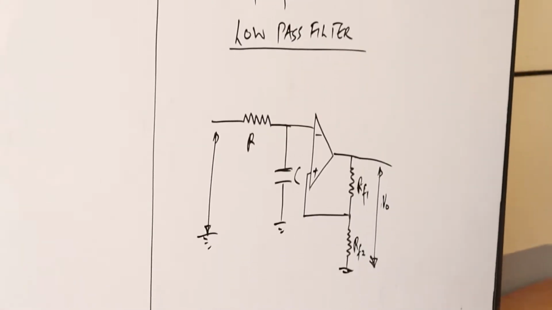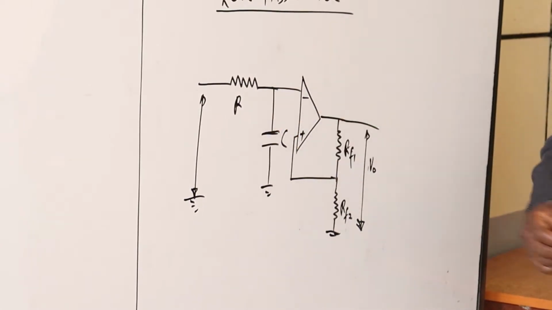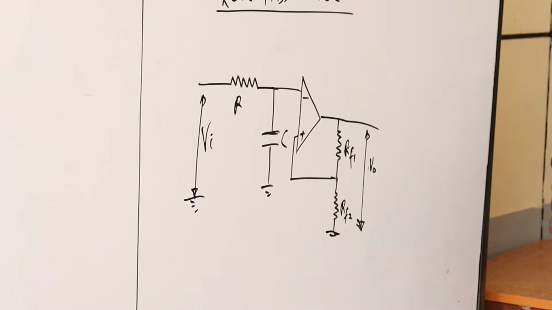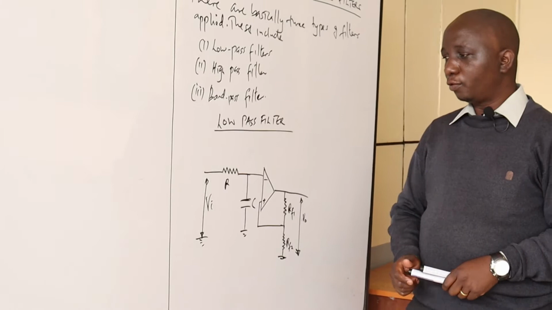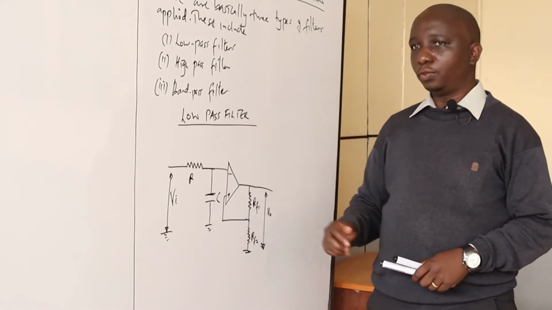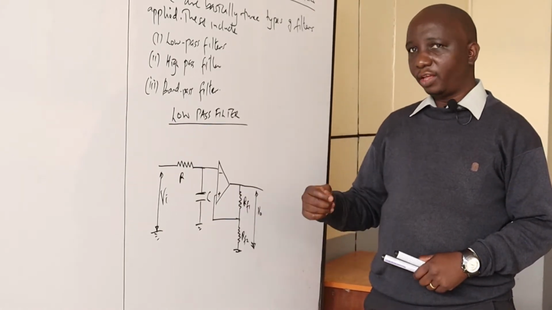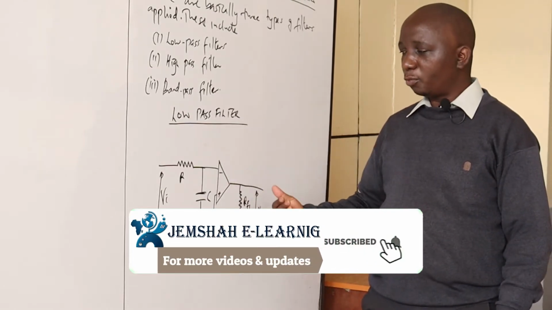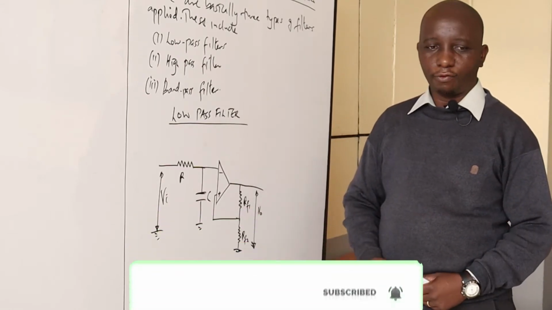When you look at this diagram, for us to have a low pass filter, we have the resistor connected in series with the input, which I refer to as the VI, while the capacitor is shunted with respect to the input. Therefore, the low frequencies are going to be passing through the resistor R and will be conducted to the amplifier, while the high frequencies are going to be grounded. And therefore, in this case, we shall be conducting more of low frequency than higher frequency. So we talk of the low pass filter.